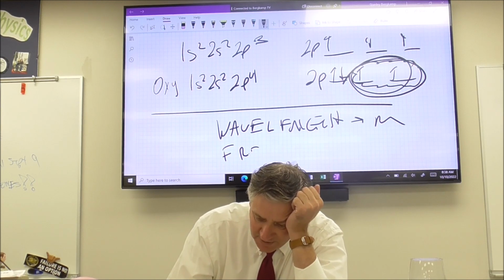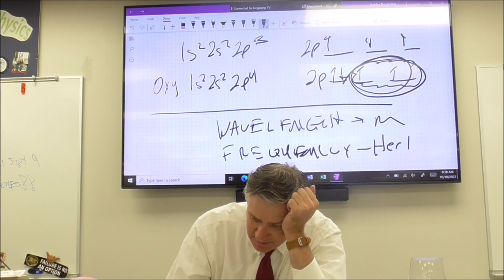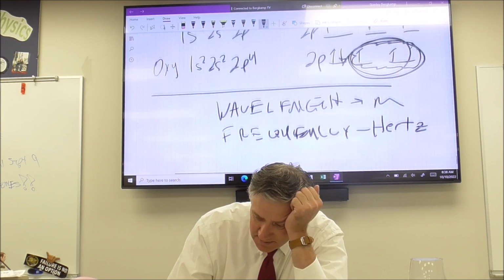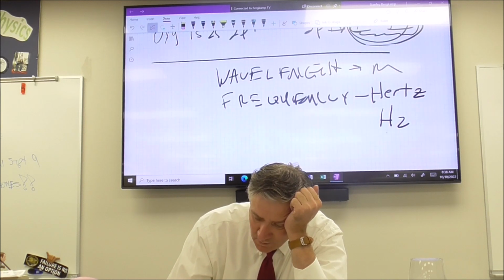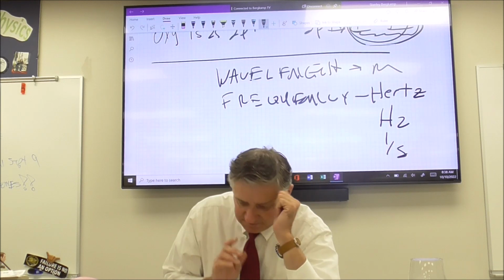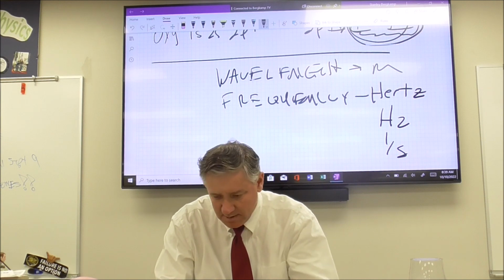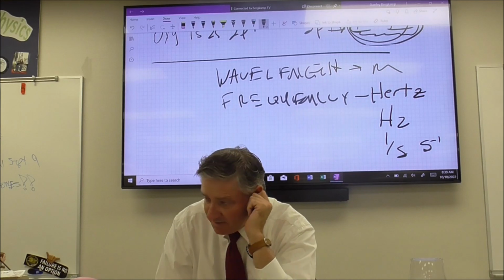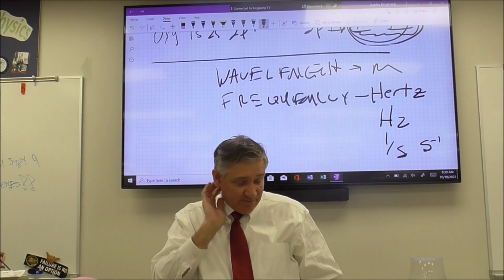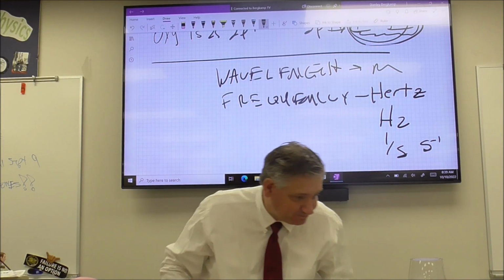And you talk about frequency, which is typically measured in hertz, or Hz, or 1/seconds, or s to the minus 1. Okay? So let me give you some examples of frequency and things like that.